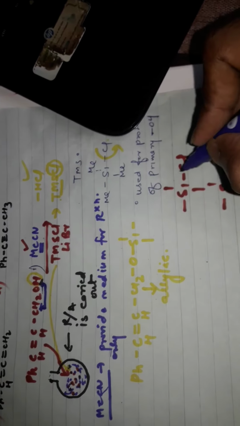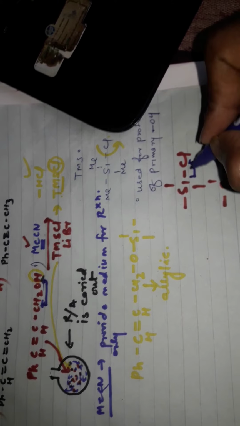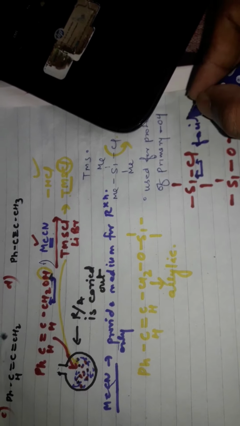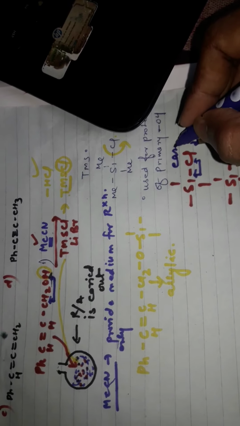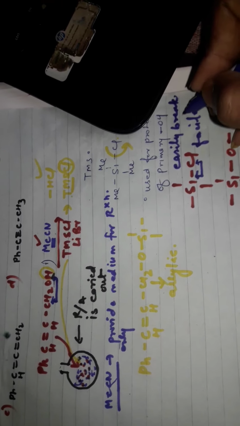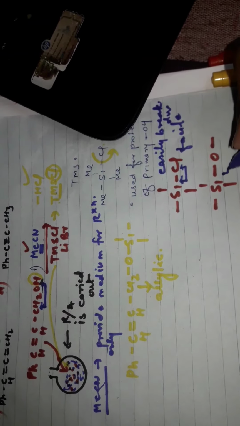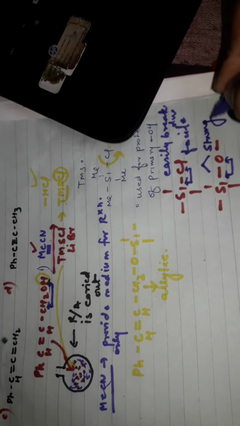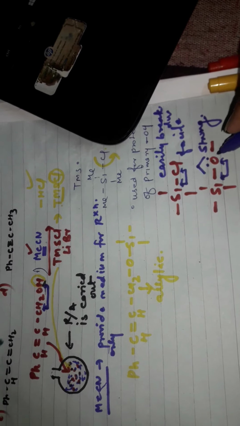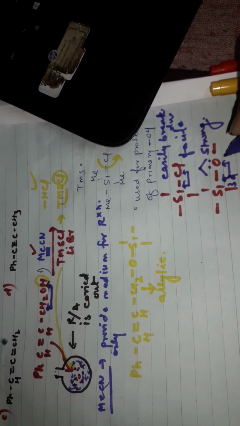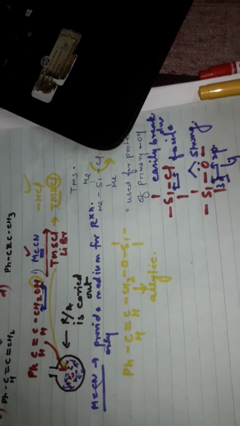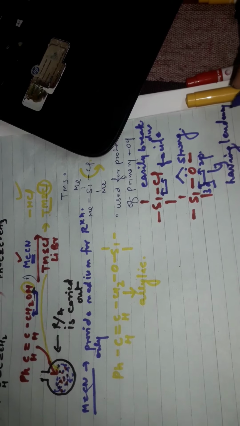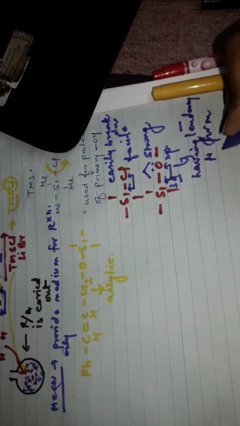First of all, this bond is very facile, you can say it breaks down easily, but this bond is strong, because it is 3d and this is 2p, so it has a tendency to form multiple bond character.